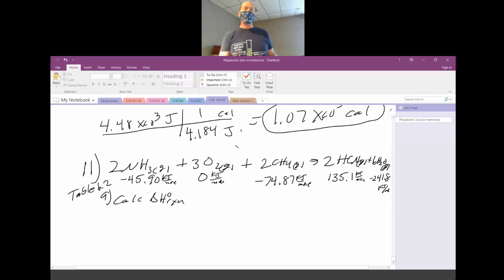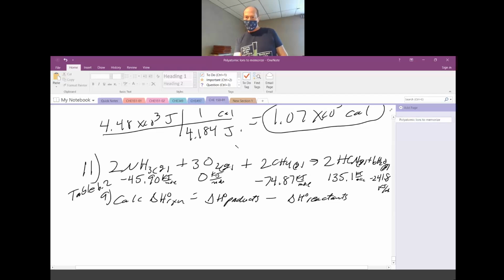All right, so to find the delta H naught of reaction, you're going to take and add up the delta H naught formations for all of the products. And then you're going to subtract all the delta H naught formations of all of the reactants. So it is the products minus the reactants.